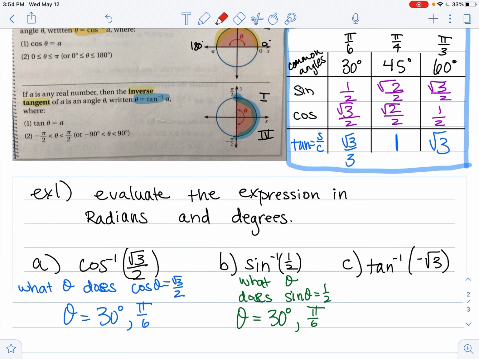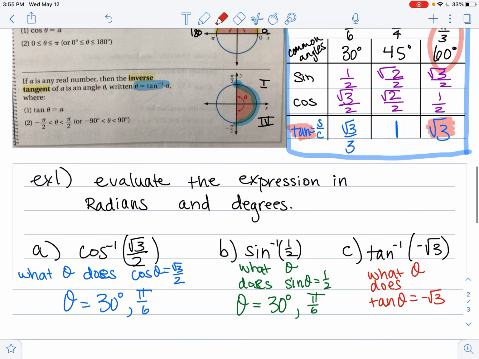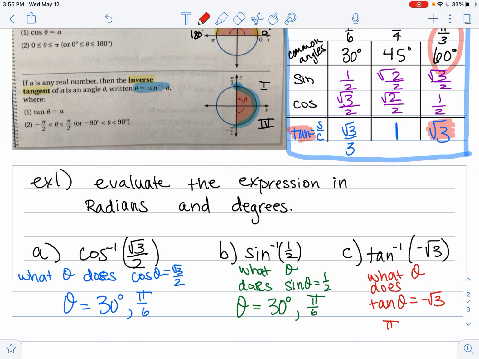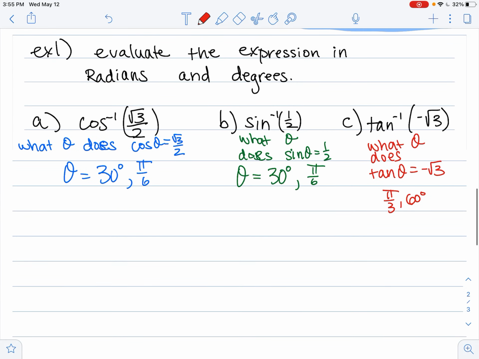for tangent, inverse tangent of negative root 3, we know, okay, what value of theta does tangent theta equal negative root 3? So a couple things we need to know here. We need to know tangent equals the root of 3, and we see that's up here, okay? So we know it's at pi over 3 and 60 degrees, but remember, this negative kind of tips us off.